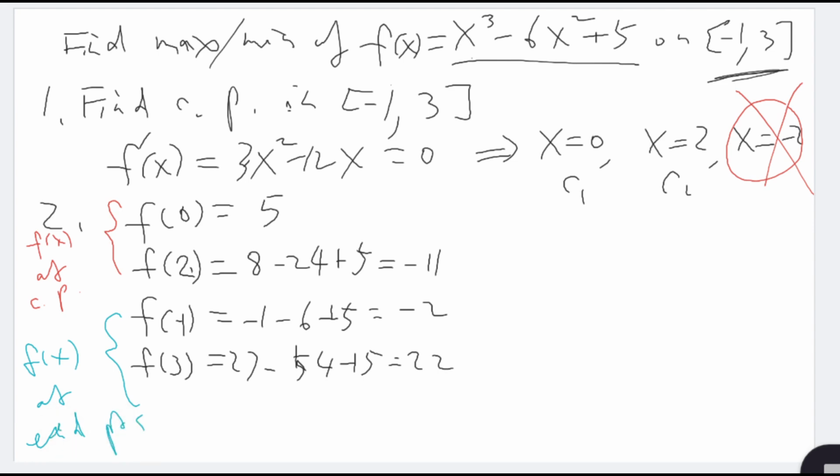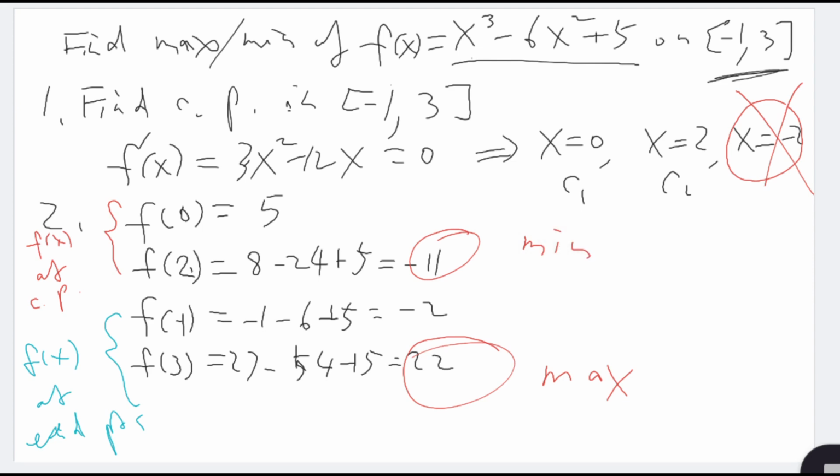Those are the values of interest. Now, compare all the values in this step. What do we find? There is a 5, there's a -11, there's -2, and 22. Then we can see this is the maximum, and this is the minimum.